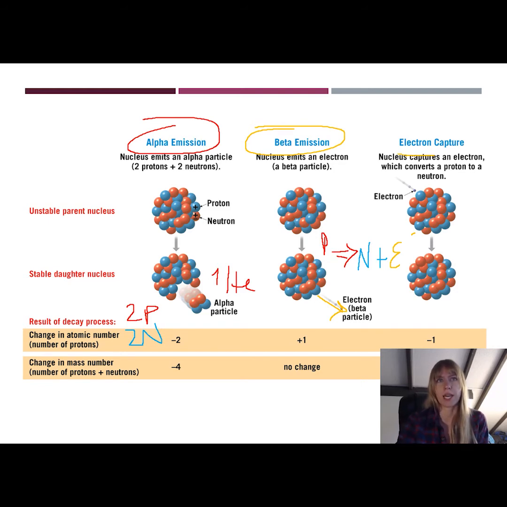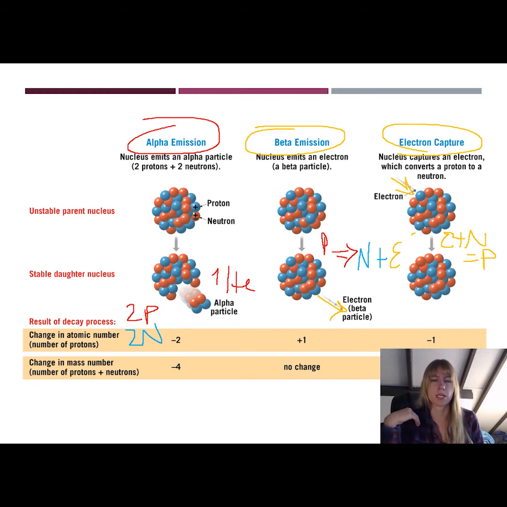With electron capture, it's the opposite. In this case, an electron decides it's going to enter the nucleus, and so it will mix with a proton forming a neutron. So you're decreasing in atomic number because now you're making a neutron.